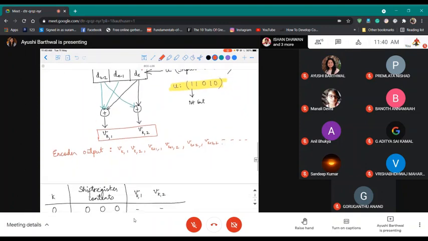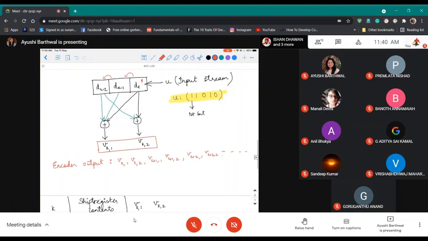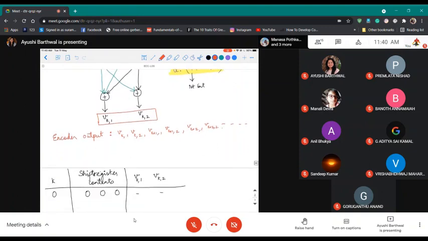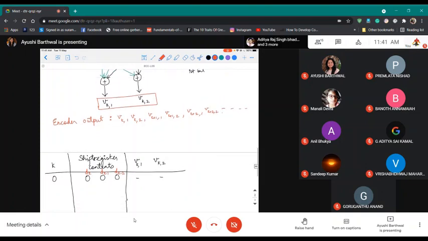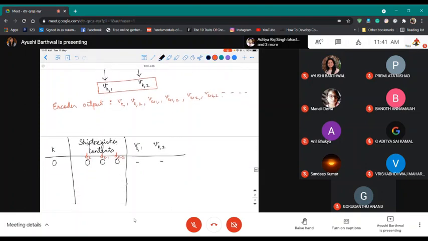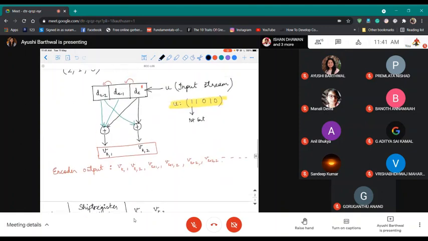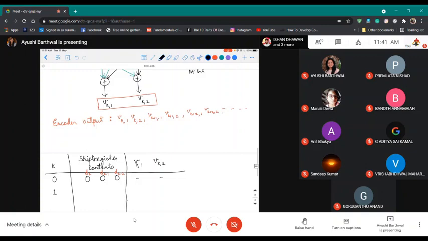So the order in which I'm representing it is dk, dk minus 1 and dk minus 2. So at k is equal to 1, the first bit enters, so dk becomes 1. This will be 0 and this would be 0.